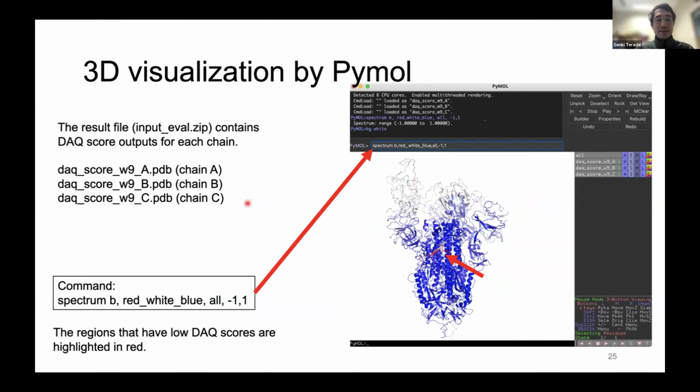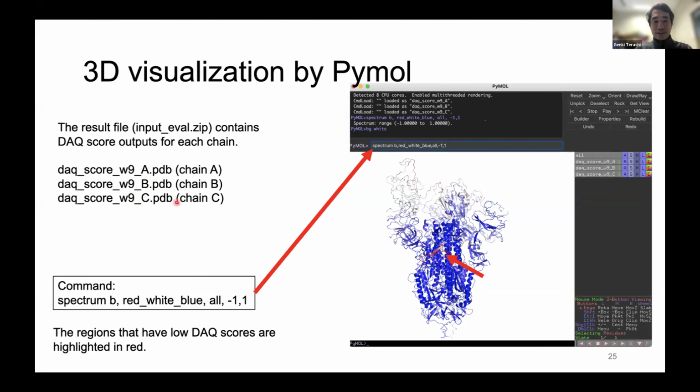So after you compute the DAQ score, you can download the result file. So the result file is archived in the input_evalue.zip file. So this file contains the 3 result files: DAQ score chain A, DAQ score chain B, and DAQ score chain C. Then you can manually check the individual positions by using PyMOL. So PyMOL is a molecular viewer.